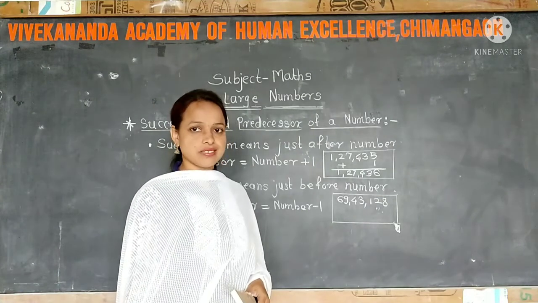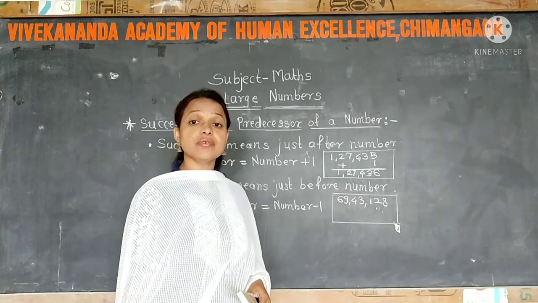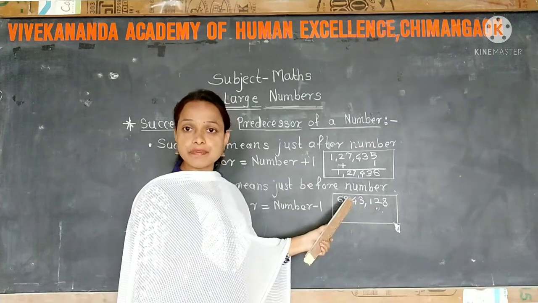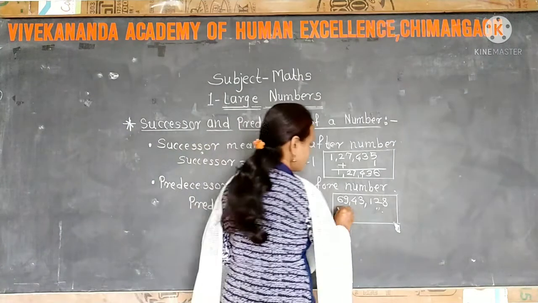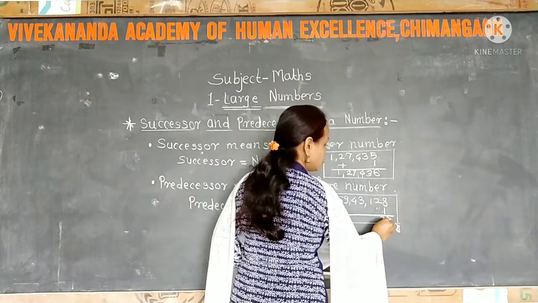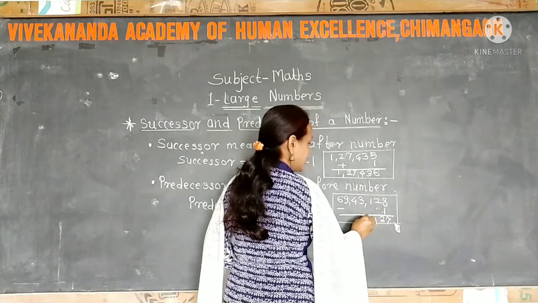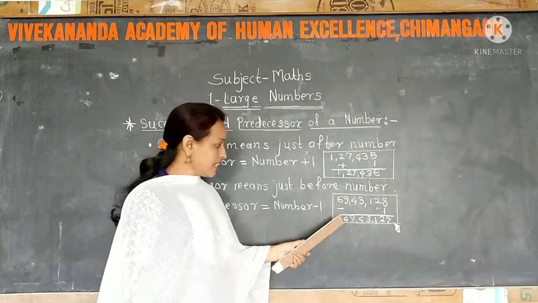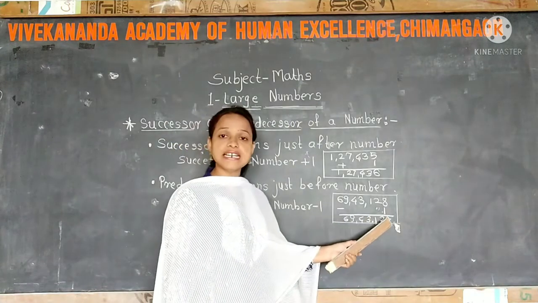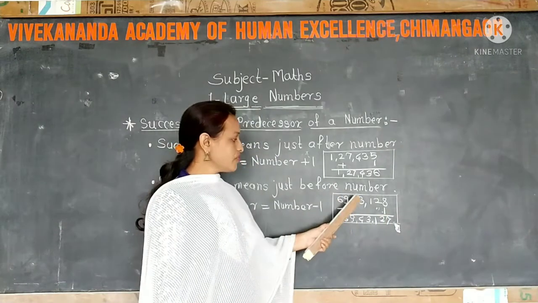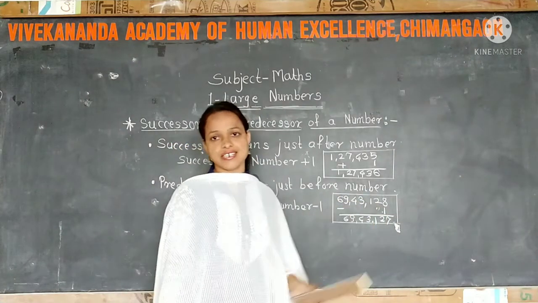The steps are the same. We get the predecessor by subtracting 1 from the given number. So we subtract 1 from 69,43,128 and we get 69,43,127, which is the predecessor of 69,43,128.